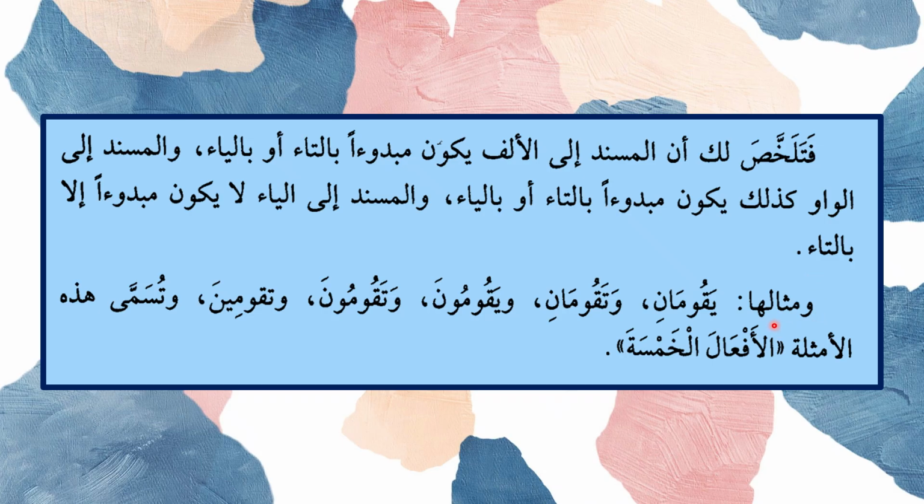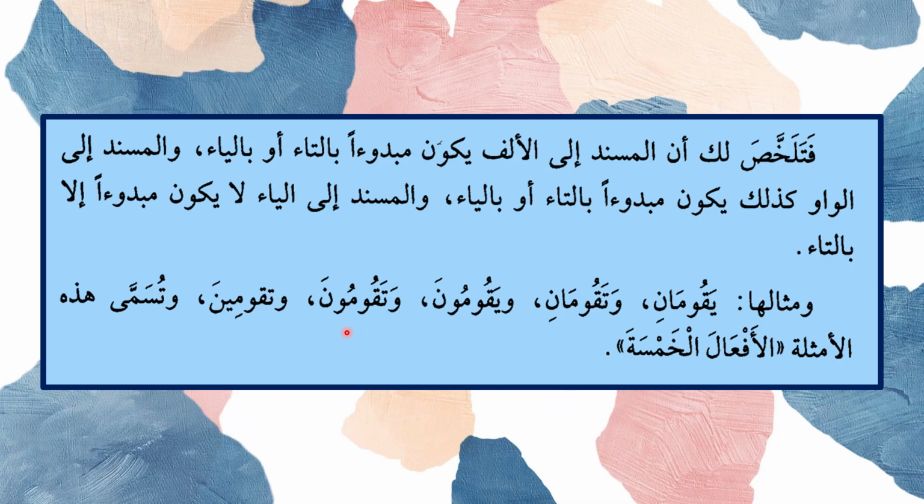And there are examples of af'al al khamsa. Now you can pay attention when the aliful isnain comes. First one is with yaqumun. This ya tells it is for the ghaib dual. Then yaquman, it is ghaib dual. Then taquman, starting with the ta, this is for the mukhatib dual. Yaqumun, this is male jama plural, masculine in the ghaib.